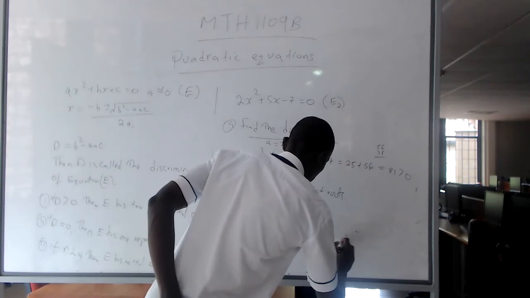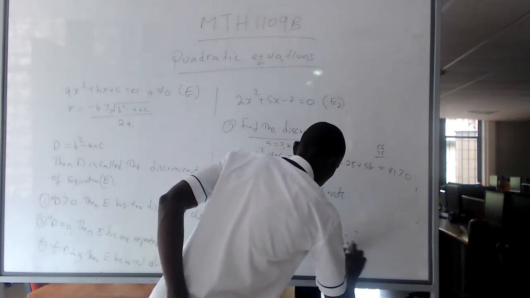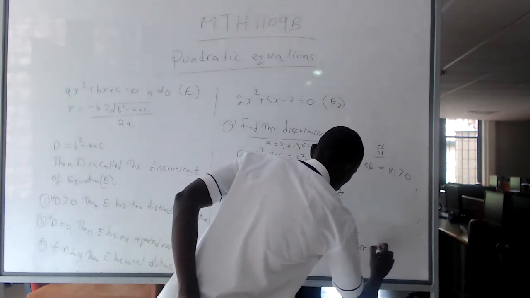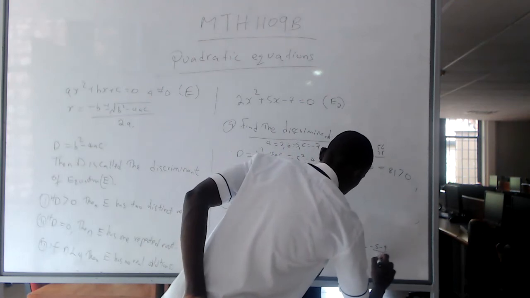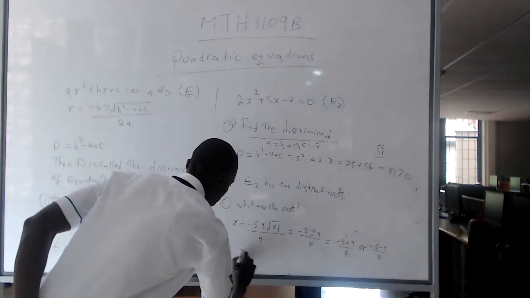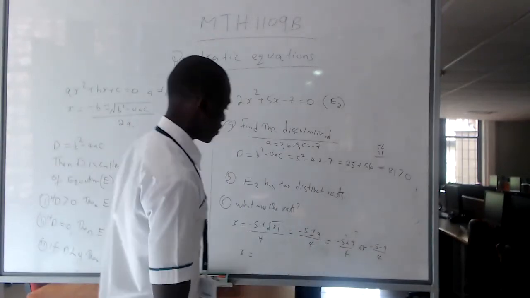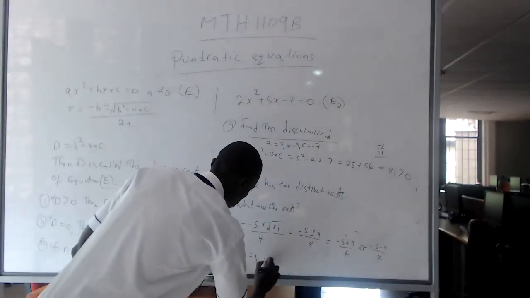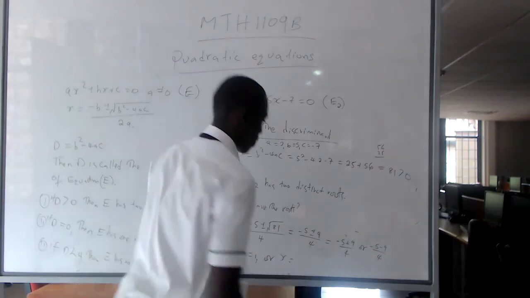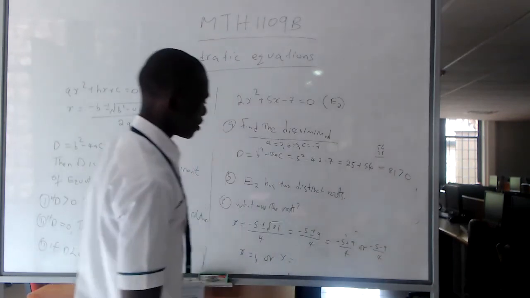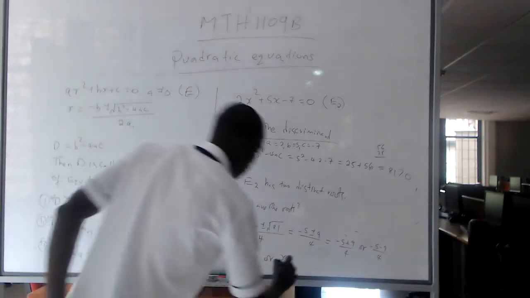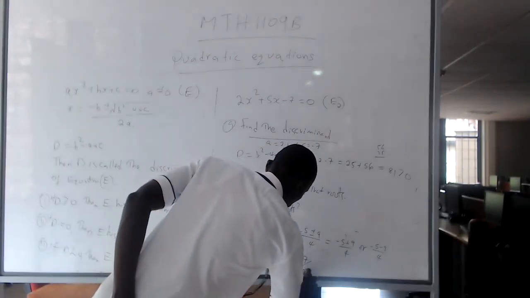This gives me either minus 5 plus 9 divided by 4 or minus 5 minus 9 divided by 4. So either x is minus 5 plus 9, which is simply 4, 4 divided by 4, that's 1. Or x is minus 5 minus 9, that's minus 14 divided by 4, that is minus 7 halves.